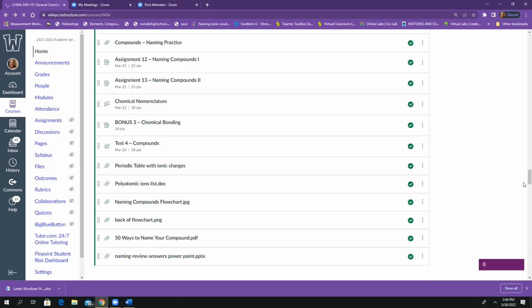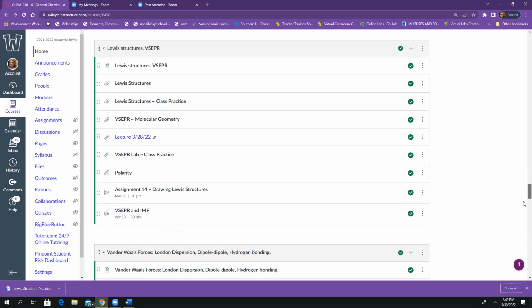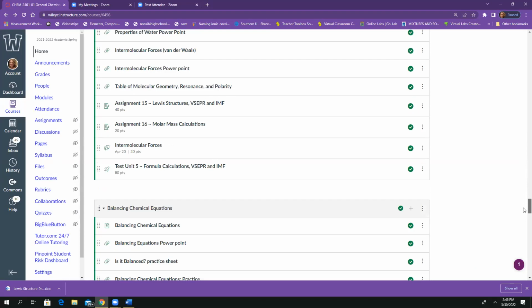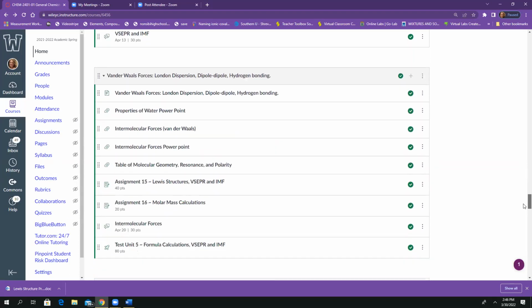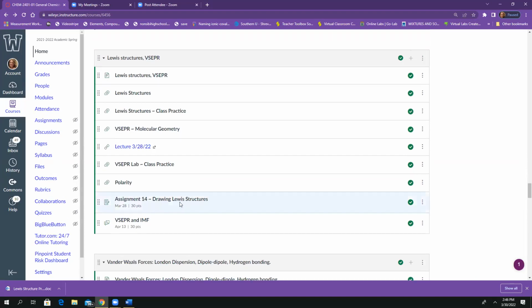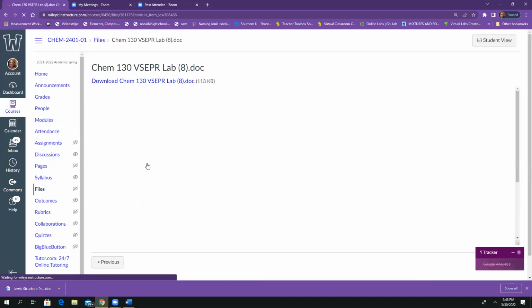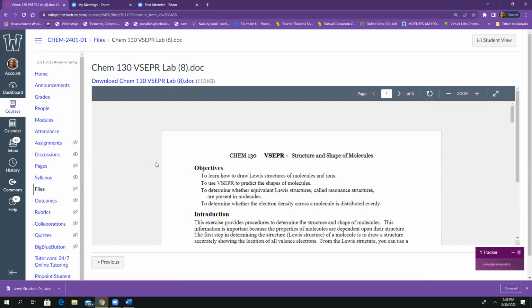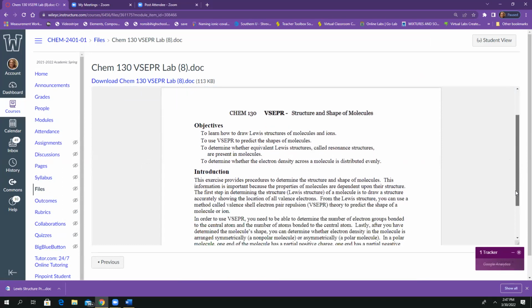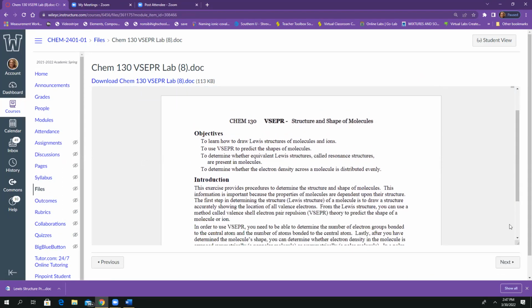So the VSEPR lab is where we're going to go next. We are going to look at all of these Lewis structures. We looked at some of these, but we did not do the bottom part. And I told you guys that we would be doing these as a group, but with nobody showing up, it's kind of hard to do it in a group.